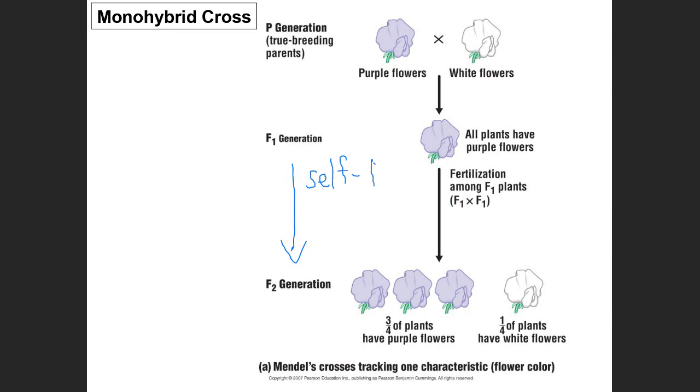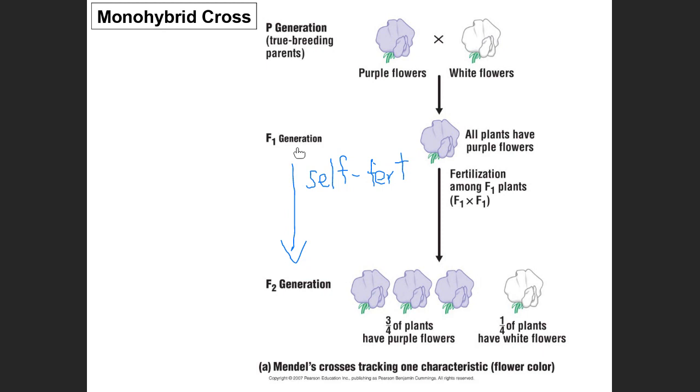So I'm just going to put self-fert because obviously I can barely write with this thing. So again, the P generation produces the F1 generation offspring through cross-fertilization. Two separate true breeds that are cross-fertilized producing the F1 generation of offspring.